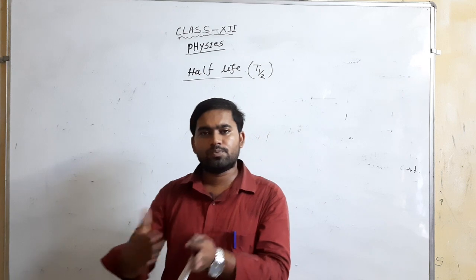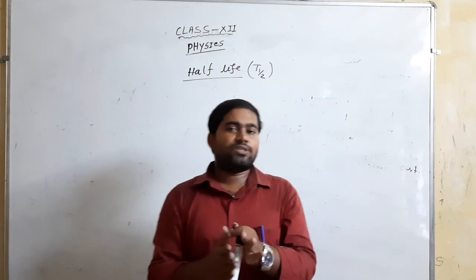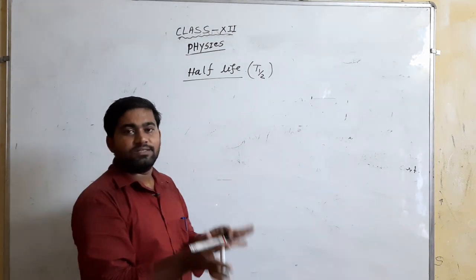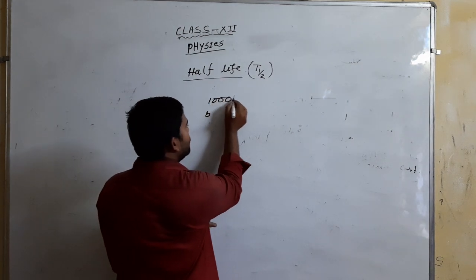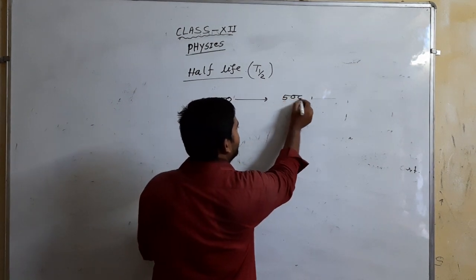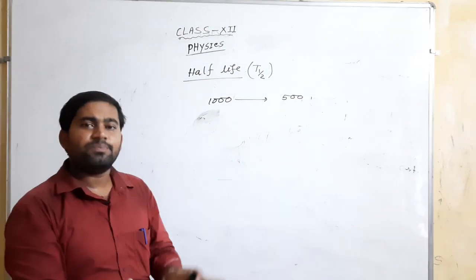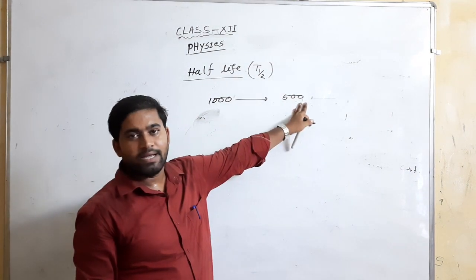The disintegration proceeds, and we reach a state at which the number of samples is reduced from 1000 to 500.